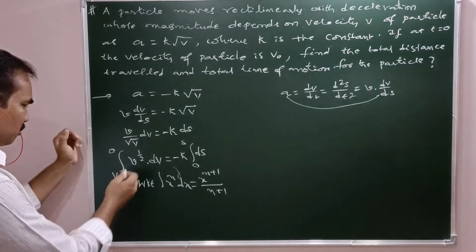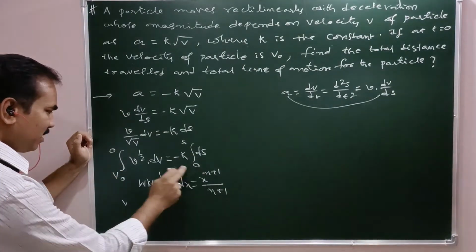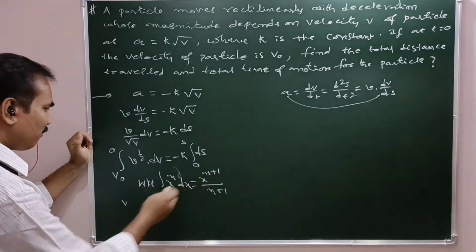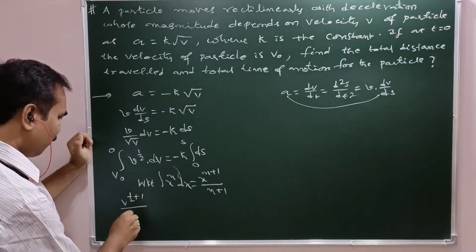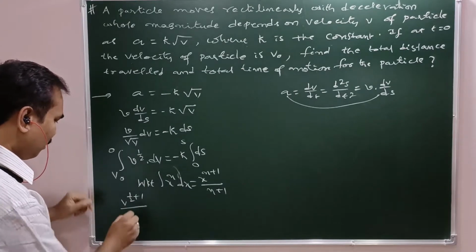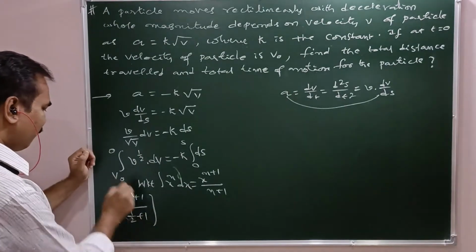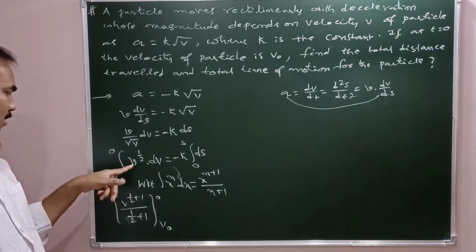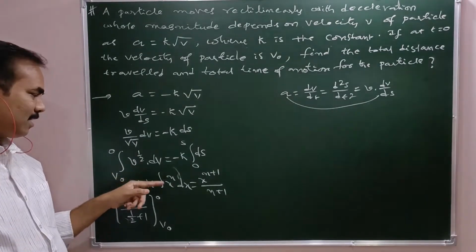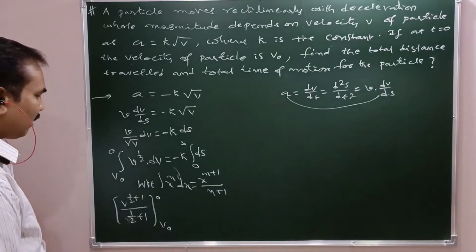Therefore here x is v and n is 1/2, so we get v power (1/2 + 1) divided by (1/2 + 1), with limits v0 to 0.